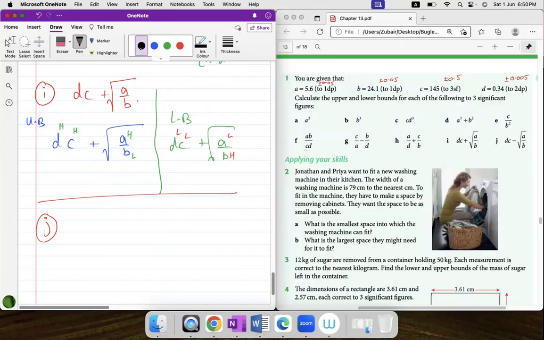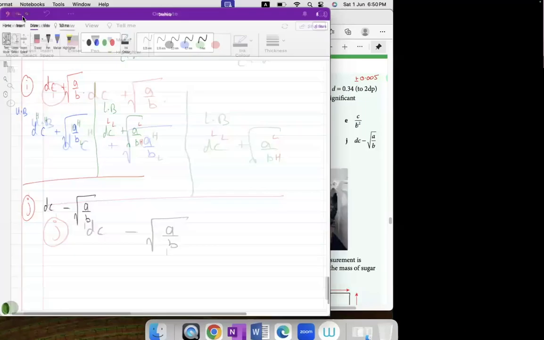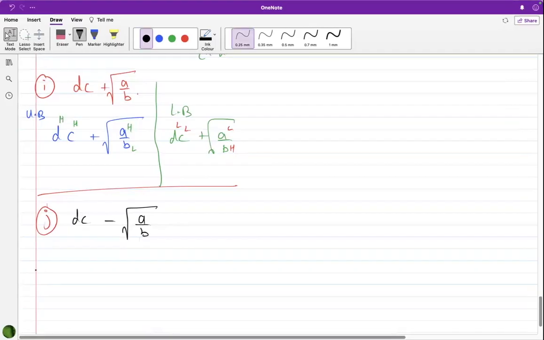The J part is DC minus the square root of A over B. So for the upper bound, D would be higher, and C would be higher. Higher, higher. Yes. And A would be lower, and then B would be higher. Very nice.